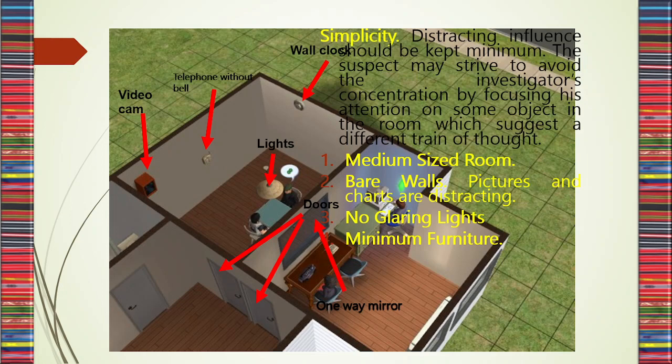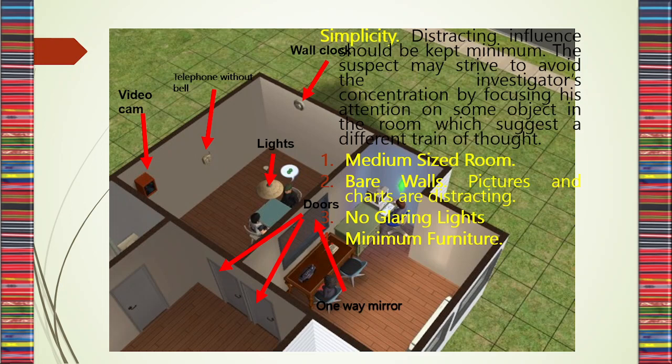As you can see in our presentation, with the one-way mirror, the only ones who can see what is happening are those outside the interrogation room. They are the only ones who see the events inside.